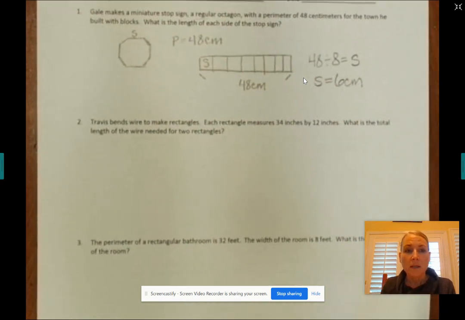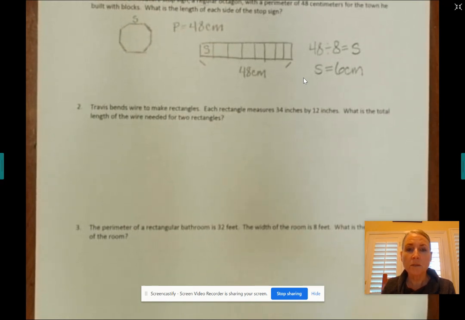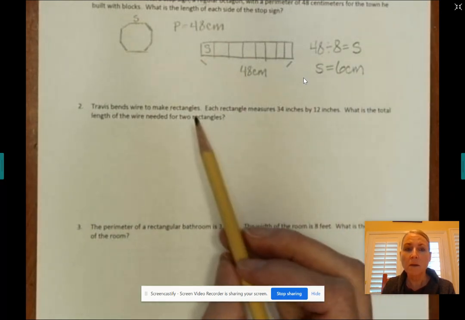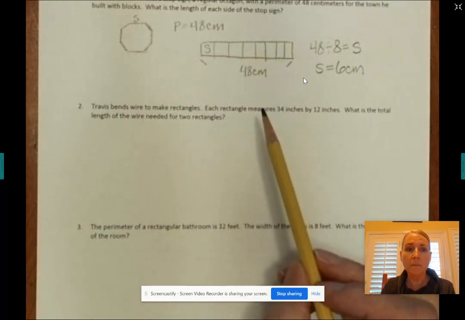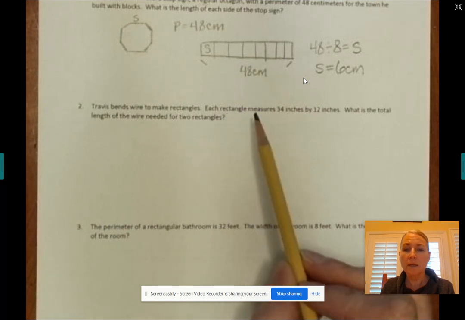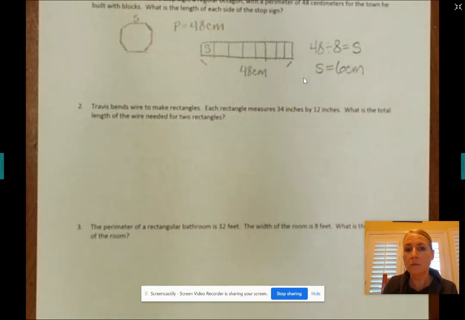Number 2 says, Travis bends wire to make rectangles. Each rectangle measures 34 inches by 12 inches. Okay, so I know I'm doing a rectangle. I know there are more than one rectangle. Or actually, let's see, yes, 2 rectangles, and they're each 34 inches by 12 inches. What is the total length for 2 rectangles?